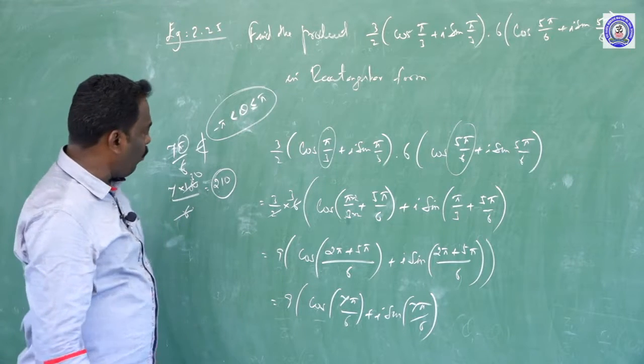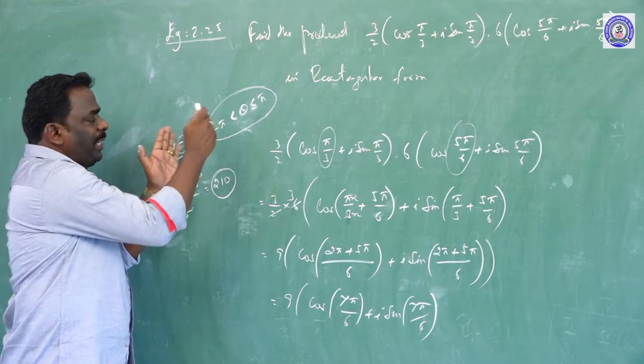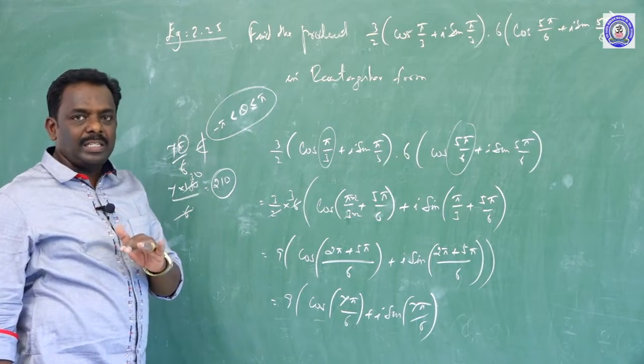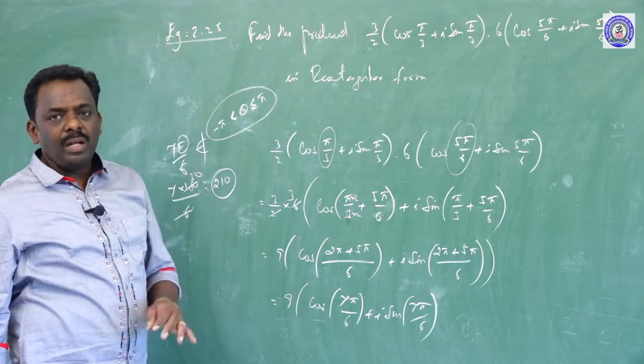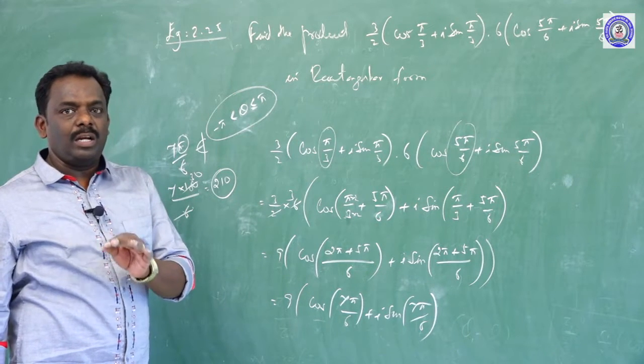Therefore we convert 7 pi by 6 into our principal argument, minus pi less than theta less than or equal to plus pi. The main thing is that our theta should be in the range minus pi less than theta less than or equal to plus pi.